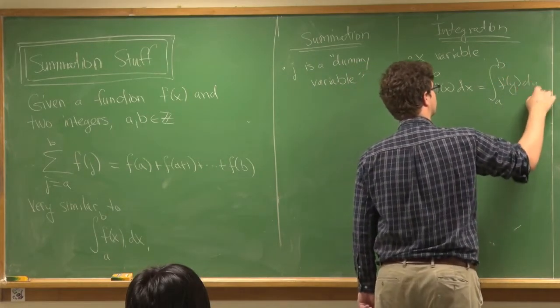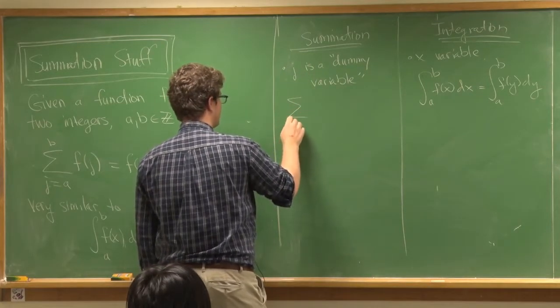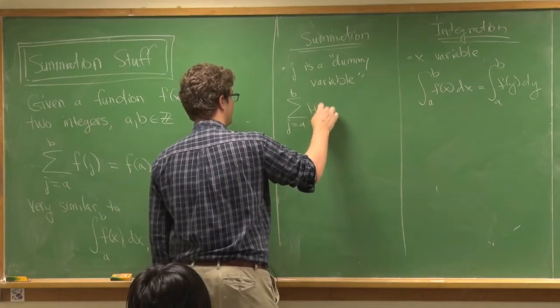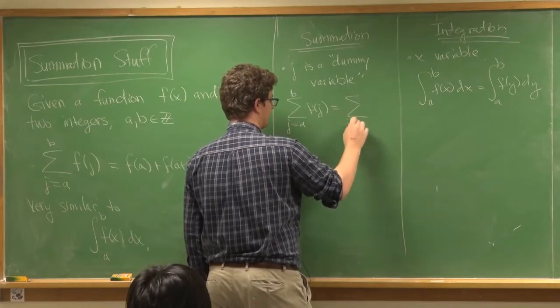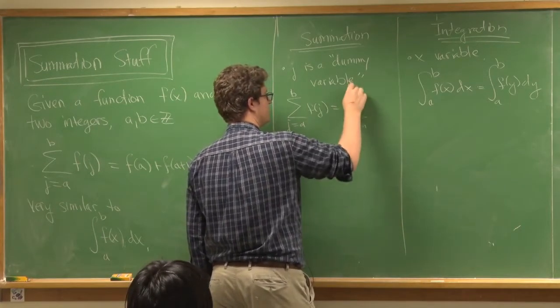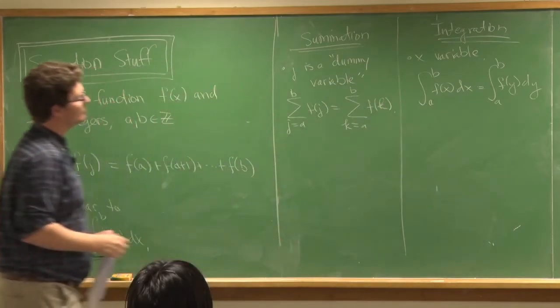Right? In the same way here, the sum from j equals a up to b of f of j is equal to the sum from, let's use k, k equals a up to b of f of k. So these two things are the exact same.